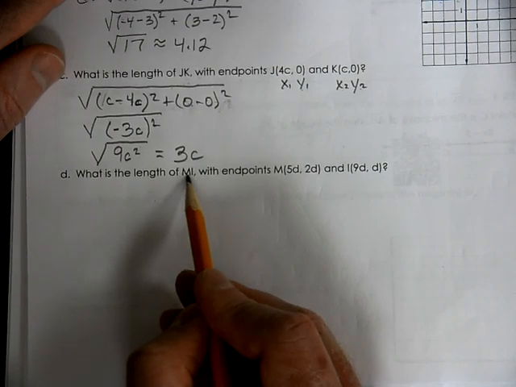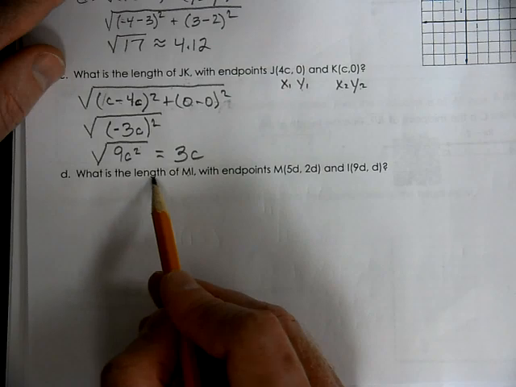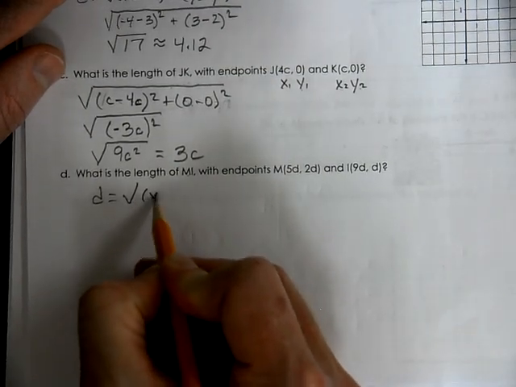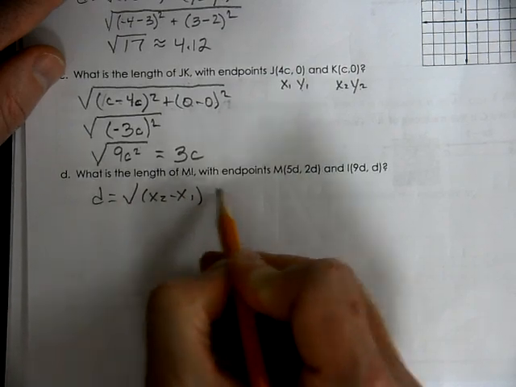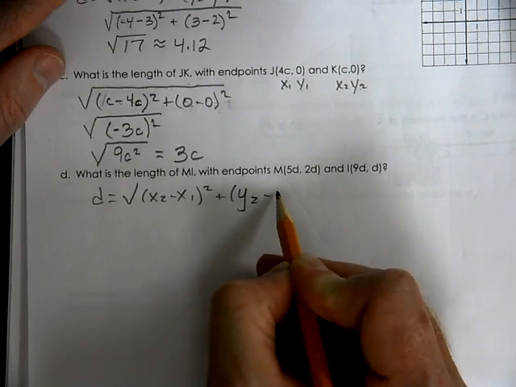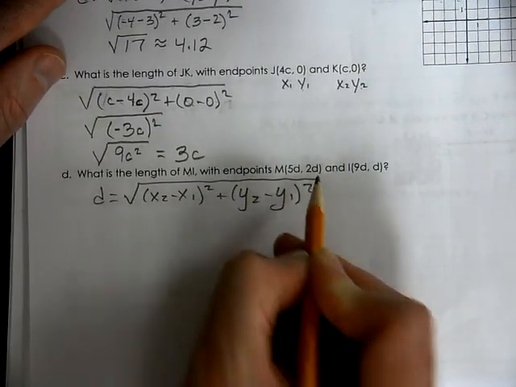So we're going to do the calculation of the length. Length is distance. So we know that distance is the square root of x2 minus x1 squared plus y2 minus y1 squared. That's a long square root.